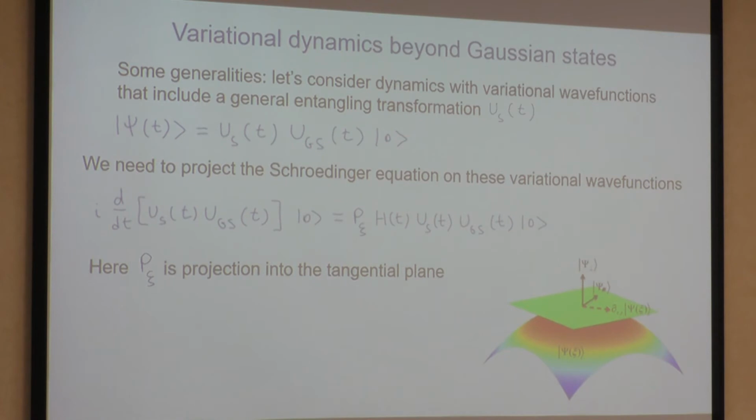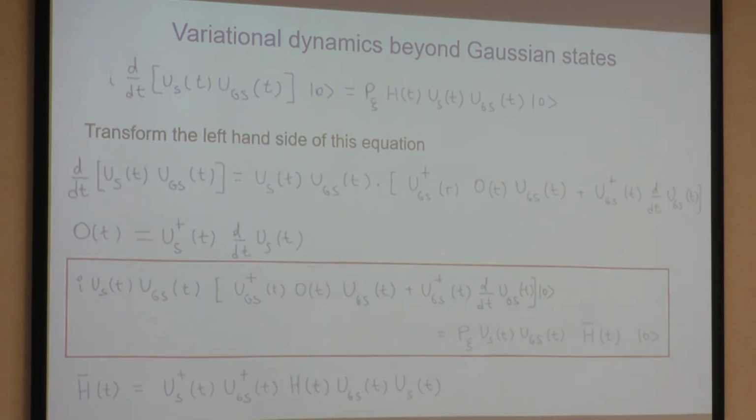At this Gaussian level, the wave functions factorize between electrons and phonons, but they are first entangled through this polaron transformation. What we want to do is project our Schrödinger equation. We want to take the time derivative of this wave function, which is the Hamiltonian acting on the wave function, but we have to use this trick. If we apply just the Hamiltonian, it takes us outside of the space of our variational wave function. We have to project it back into our class of wave functions.